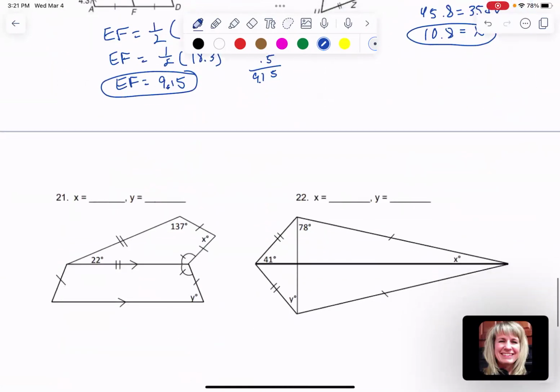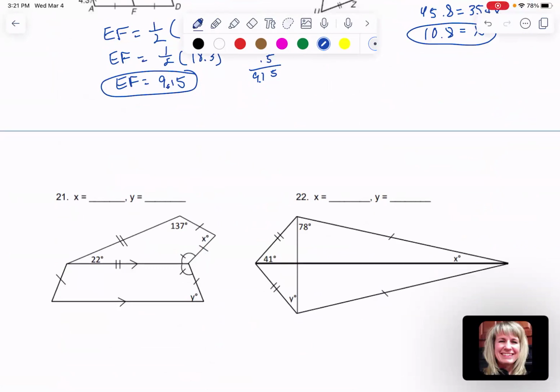All right, on the next one, we have a kite and a trapezoid here. So I know that these two angles right here are congruent. They're showing me that they are right there. I know that because that shape is a kite, this angle here will also be 137.